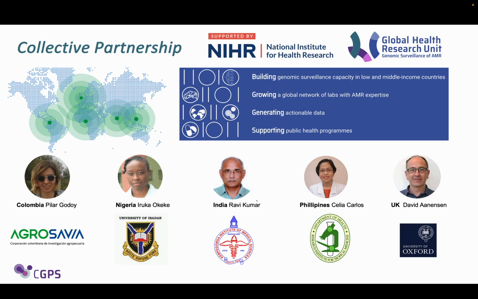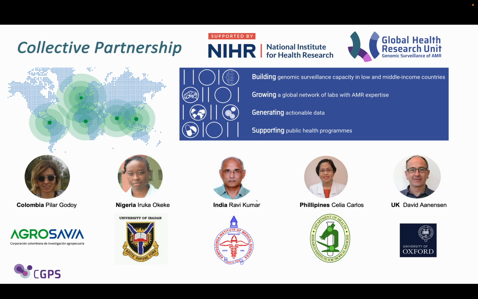We work across 4 countries, so within Colombia, AgroSavia is a One Health agency. It's a public-private partnership that feeds together information from human, animal and agricultural health. Within Nigeria, Ruka, who's the co-PI on this grant, has really developed the National Action Plan for AMR and works very closely with the Nigerian CDC, really about building sentinel infrastructure and national infrastructure for antimicrobial resistance surveillance.